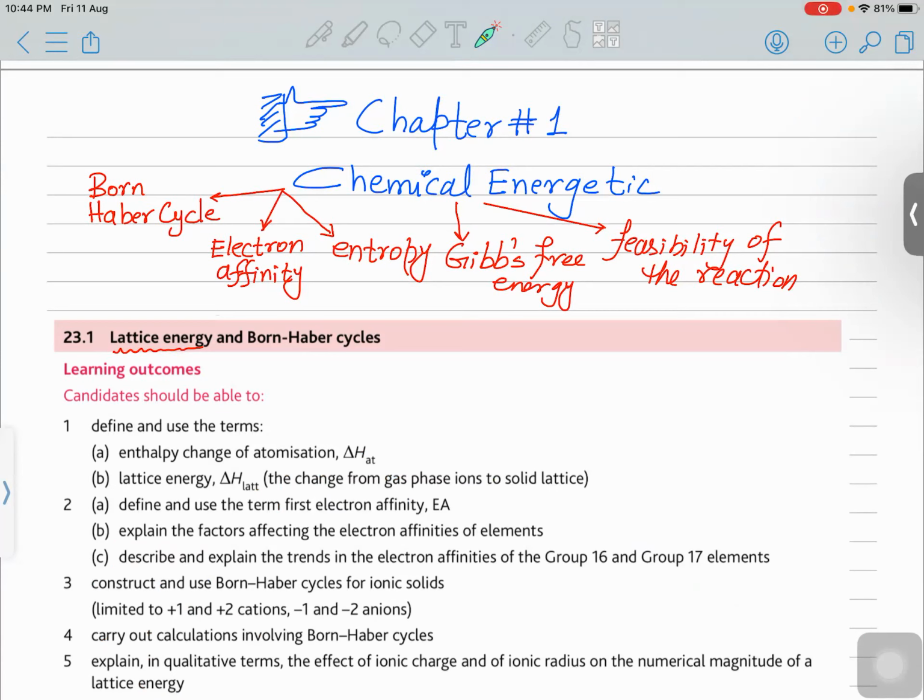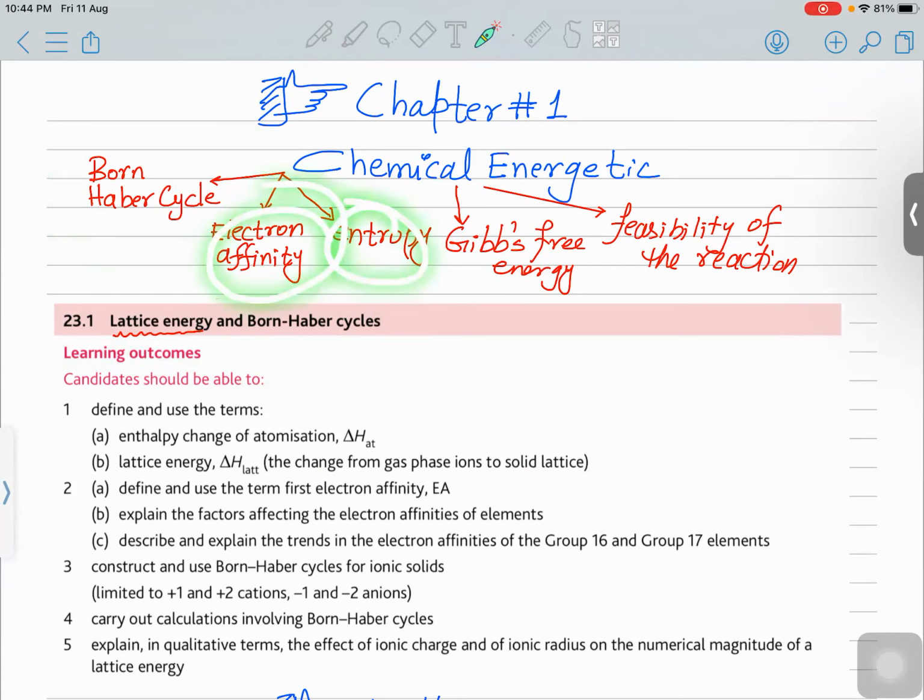So this is the syllabus of the first part, chemical energetics. So I summarize the whole chapter: first Born-Haber cycle, then certain definitions, right? Then Gibbs free energy. This is your syllabus, right?